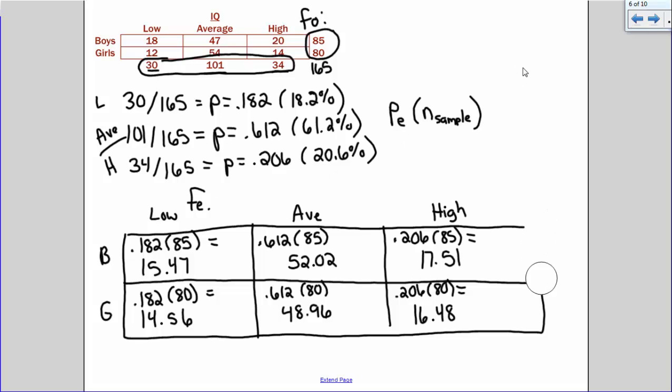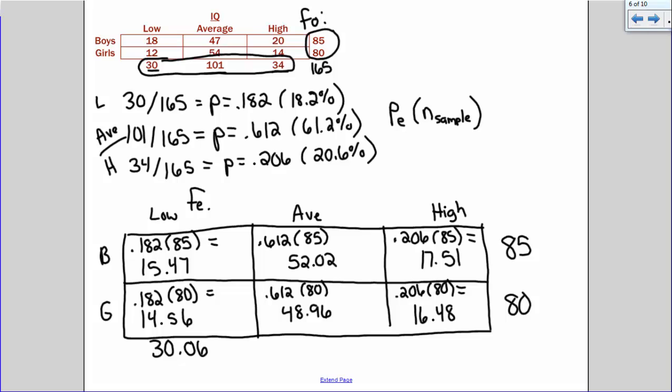All right, I'm going to make this a little smaller here. So if you add up 15.47 plus 52.02 plus 17.51, you still have 85 boys. If you add 14.56 to 48.96 to 16.48, you're still working with 80 girls. If you add 15.47 to 14.56, you're within rounding error of 30.